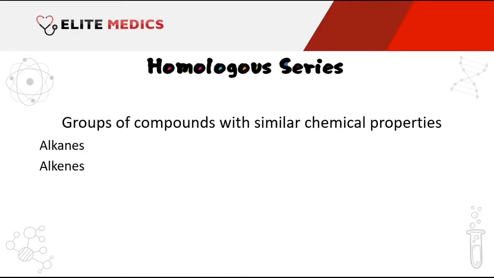We need to discuss something called the homologous series. The first thing I want you to know is that they are hydrocarbons, okay? So they're going to have carbon and hydrogen bonds being present. When we talk about alkanes, this is a very basic one.